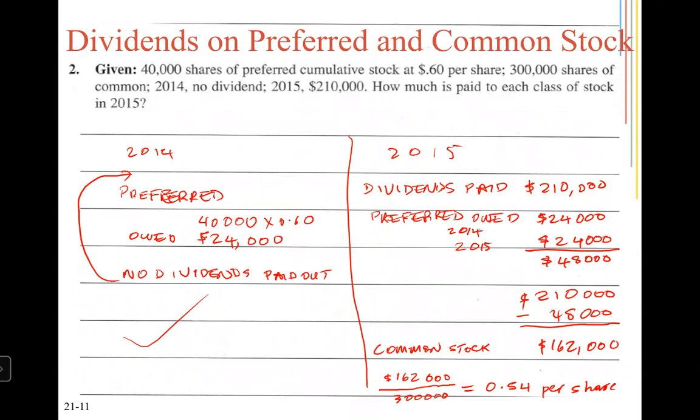Since we have 300,000 common shares, we divide the 162,000 by the 300,000, and that tells you how much the dividend is per share. Whatever number of shares the person has, you multiply by 54 cents, and that's how much their check, or their payout, would be for that year. Okay, so that's essentially it for the workings of the payout for common and preferred shareholders.